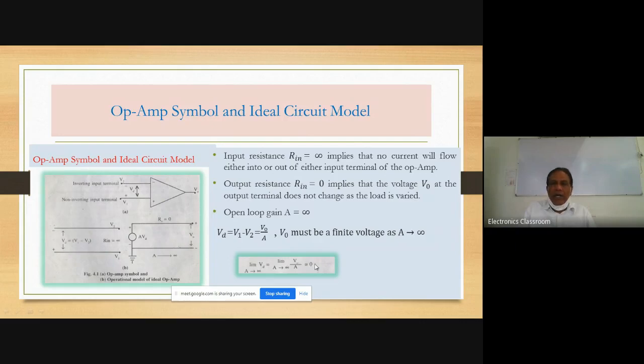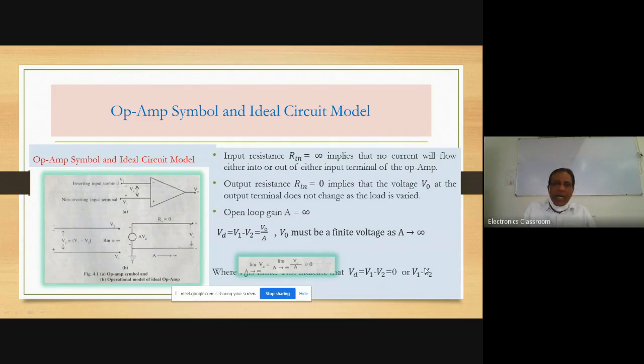That means the final answer is, on the left side, Vd, which is nothing but the difference of two signals, V1 minus V2. And the value of the limit on the right side is 0. So the final equation comes as Vd is equal to V1 minus V2 is equal to 0, or V1 is equal to V2. What does it represent?